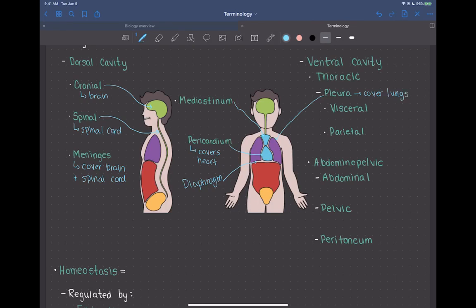So while we're talking about these coverings, I want to introduce two more terms, and those terms are visceral and parietal. That relates to these coverings. When we're talking about pleura and pericardium, and in the abdominopelvic cavity, the peritoneum, they can be either visceral, which means that covering is sitting on top of the organ, directly on it.